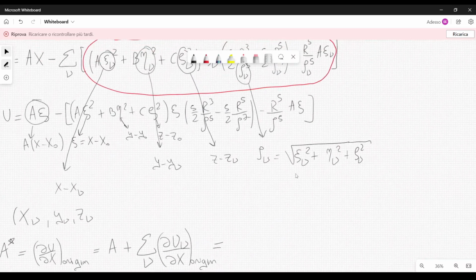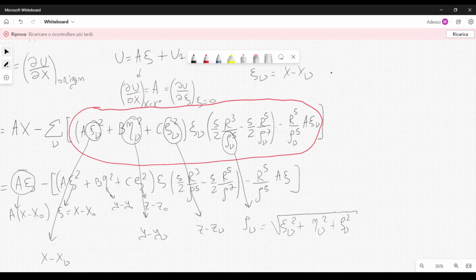If you check this expression for u_ν, remember it's this one with a minus sign, so we can neglect the higher order terms, this one and also this one. So we are only left with this term here.